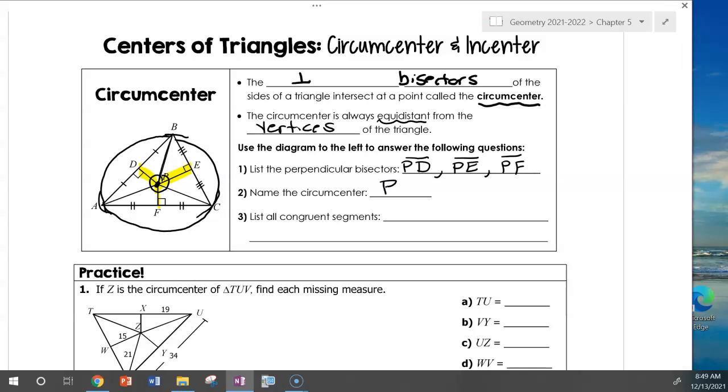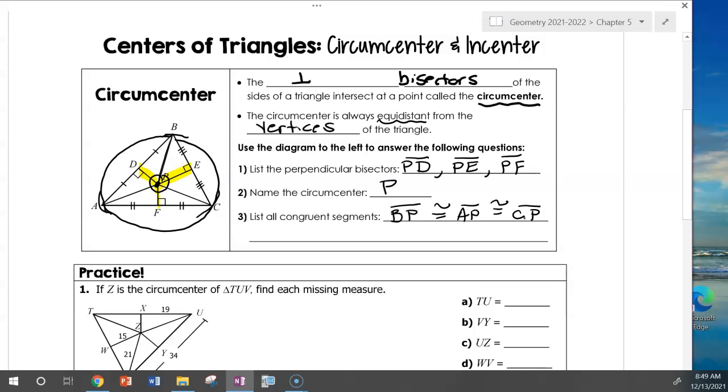Well, let's list the interesting ones first, the ones that make the radii of our circle. So we have line segment BP is congruent to line segment AP is congruent to line segment EP. Those are all the same. Not EP, sorry, CP. Let's fix that, CP.